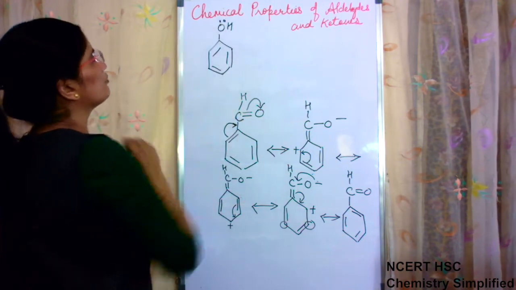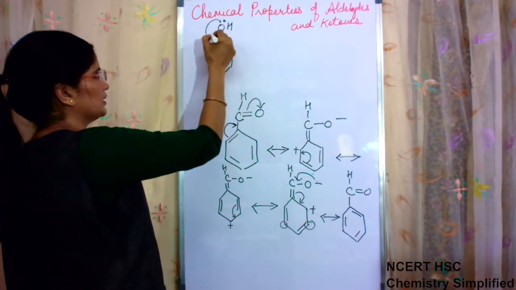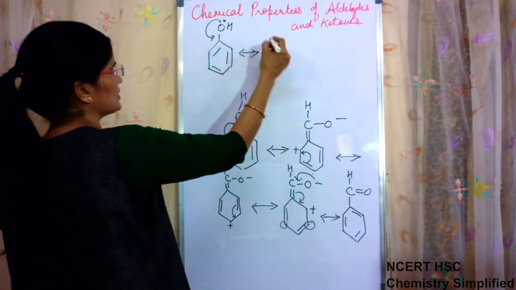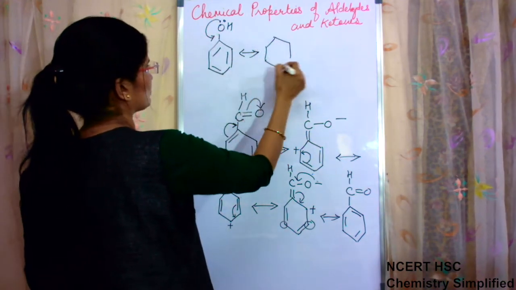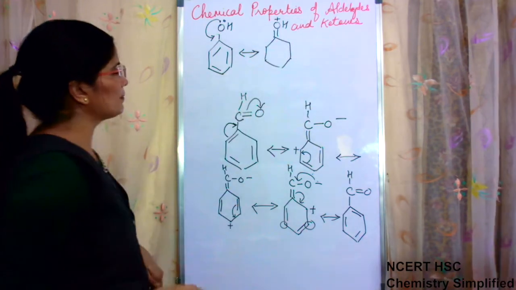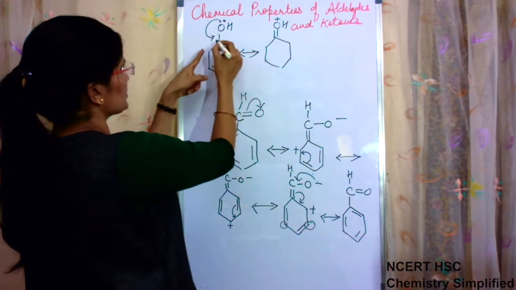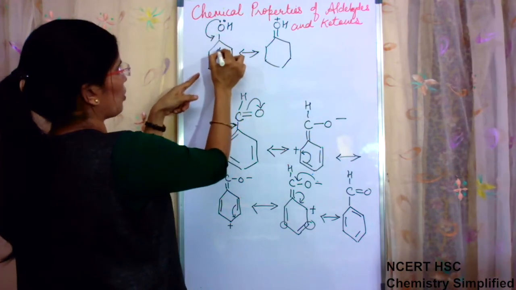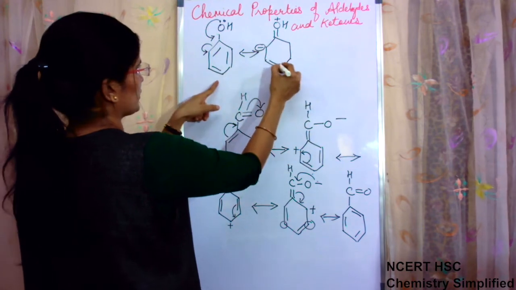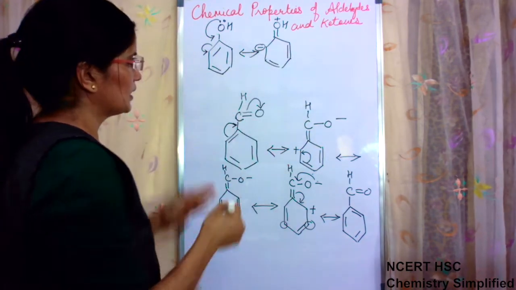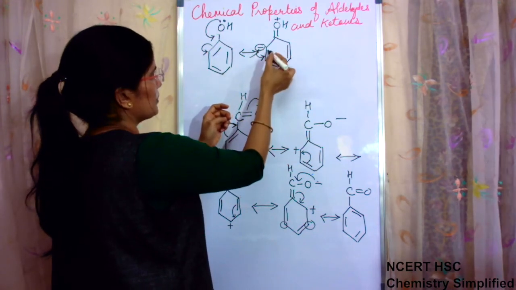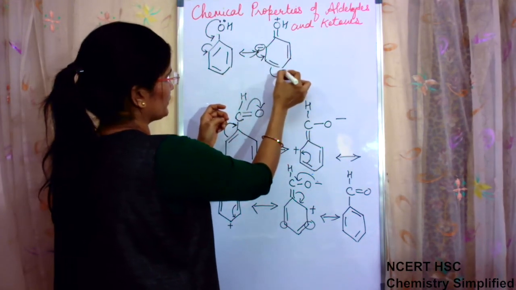The lone pair on the O in phenol moved here, so in the next structure this becomes a double bond to OH, and this O has acquired a positive charge. Because this bond is becoming double, this bond will shift from here to this point to become negative, and these bonds remain as they were. In the next structure, this negative was coming to make a bond, and this bond was shifting here.